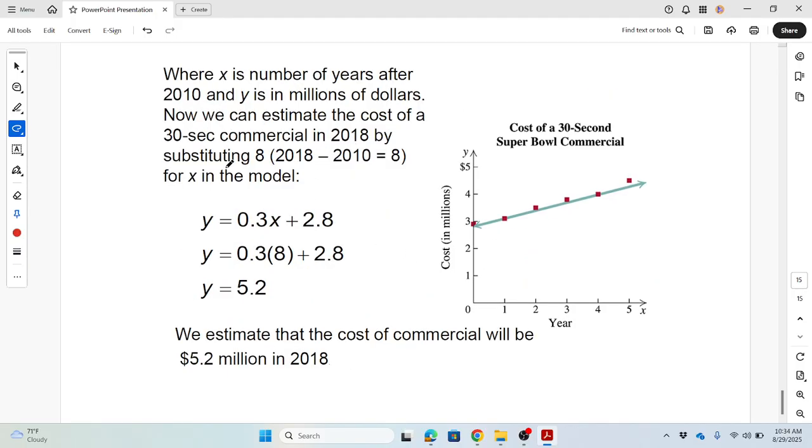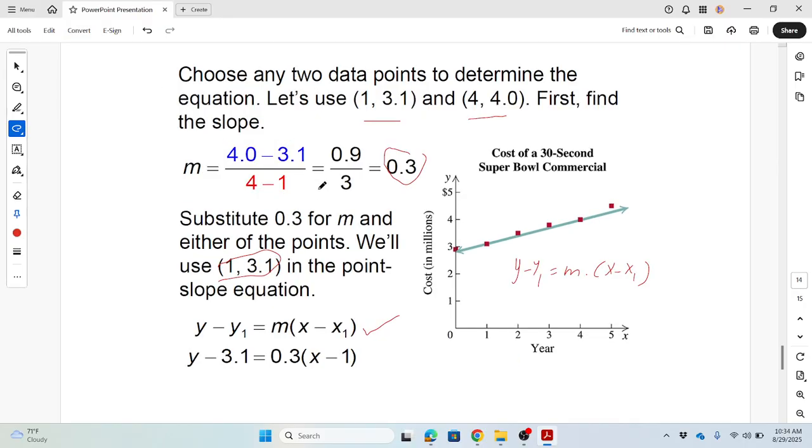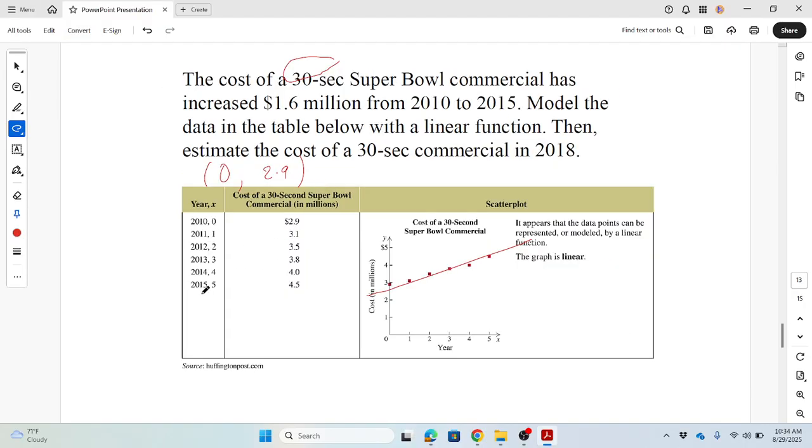And now we have the equation of line, which is this one. And now to predict the cost of a 30-second Super Bowl commercial for a future time, you can use this model and predict that. So in this example, we would like to predict the cost of a 30-second Super Bowl commercial in 2018.